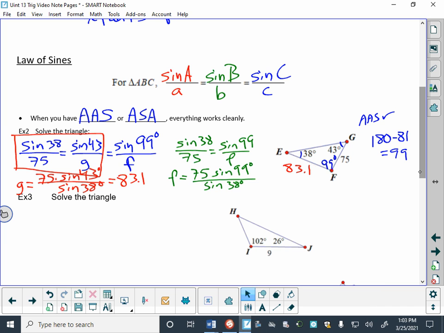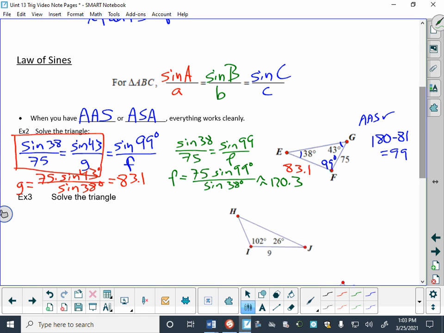That is what I will put into my calculator: 75 sine 99 divided by the sine of 38. And it tells me that's 120.3.